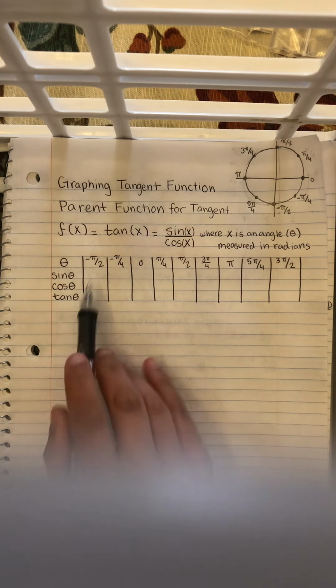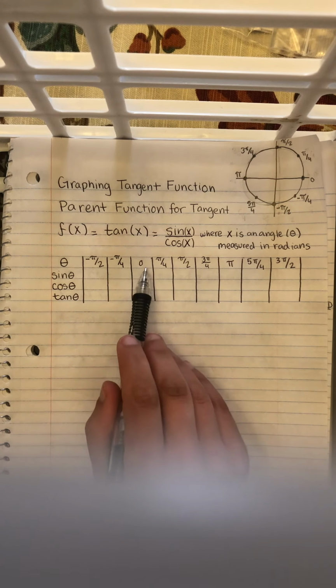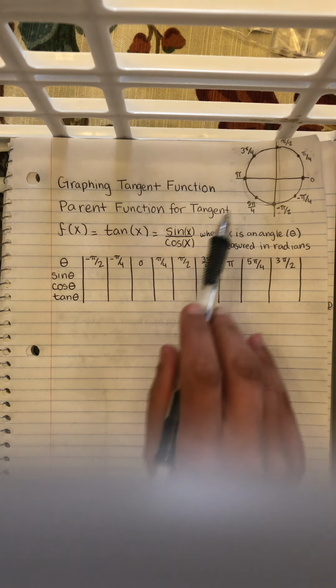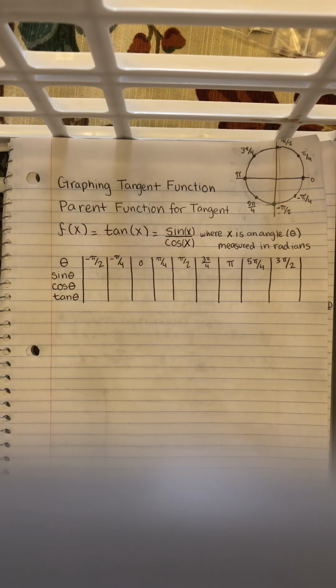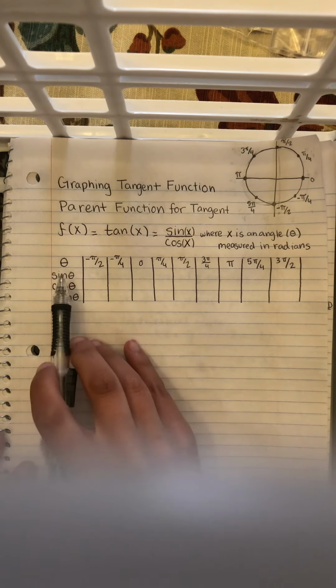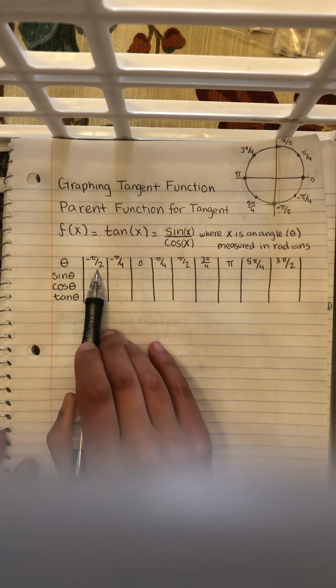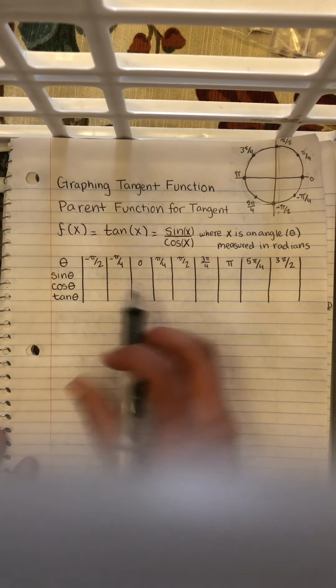So I was very strategic about the spacing of the x values and the choice of the x values for the tangent function because I wanted to find units that were easy to graph. So we're going to start with tangent of negative pi over 2. So sine of negative pi over 2.